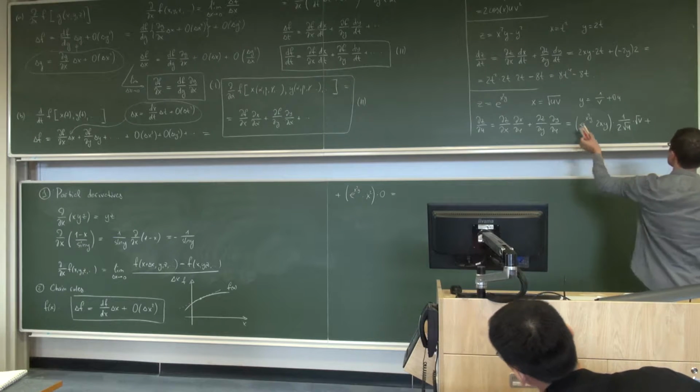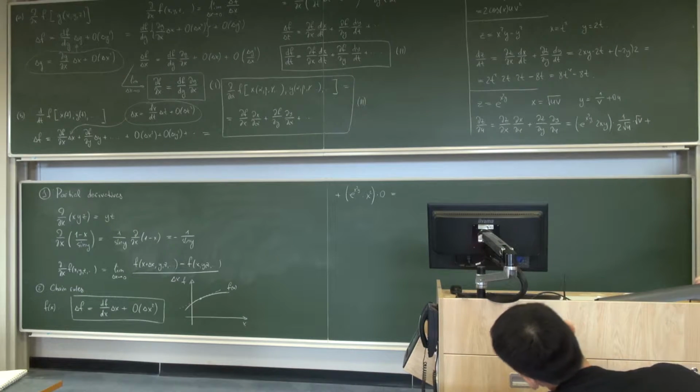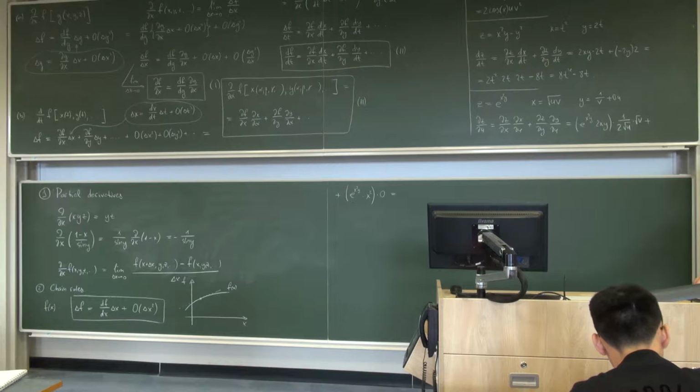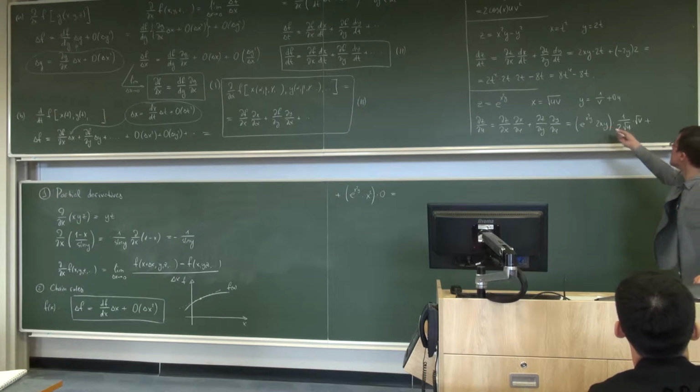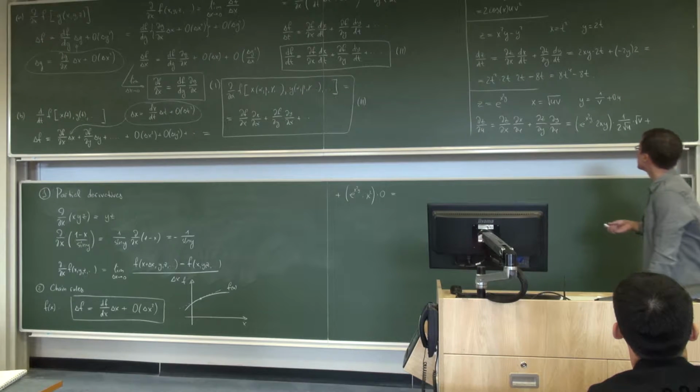So what we are left with is this, where it would be useful if we again translate everything into u and v, because we have a mixture of x's, y's, u's, and v's.